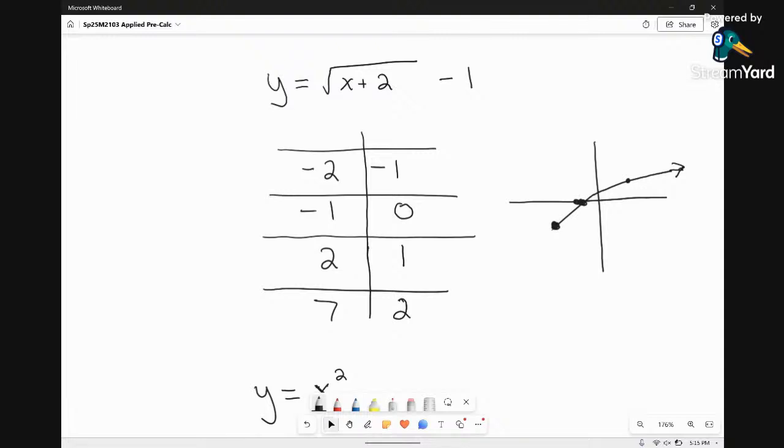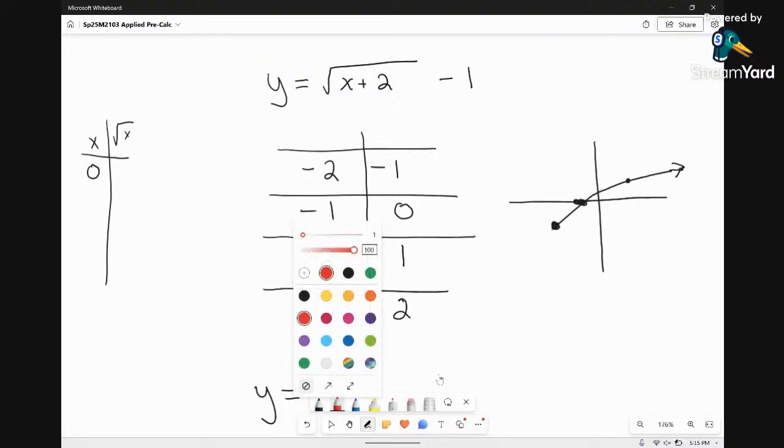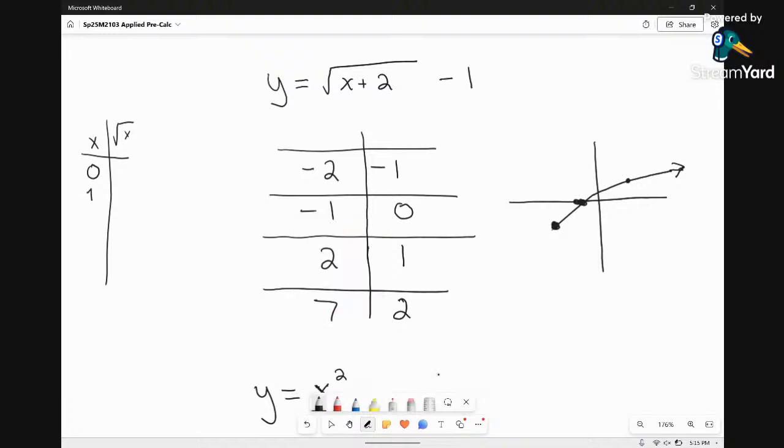Just going to put a little note over here. So the square root of x, one, 4, 9.